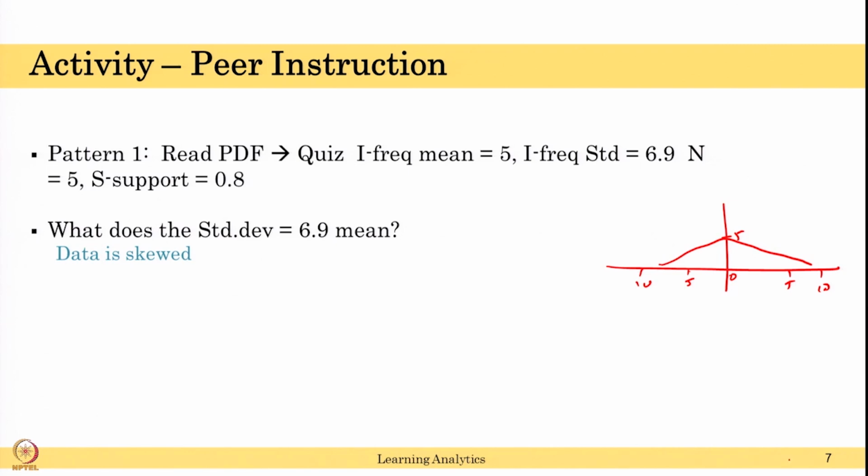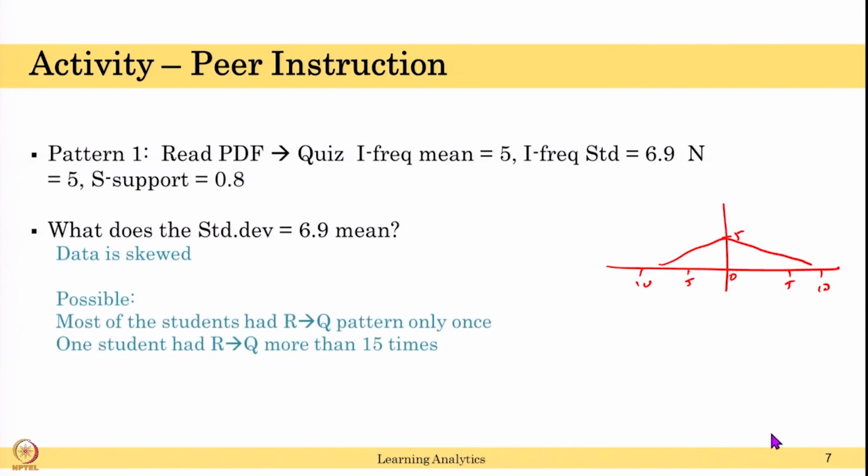That is why I said we should use the median instead of a mean, but let us see how it goes. It is possible that most students have the pattern only once. There are 5 students, and only 4 students have this particular pattern, so the mean is computed out of 4 students.